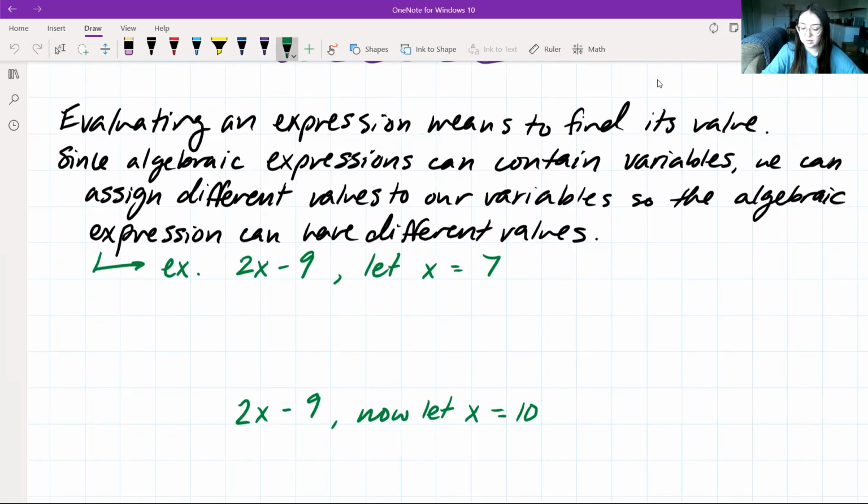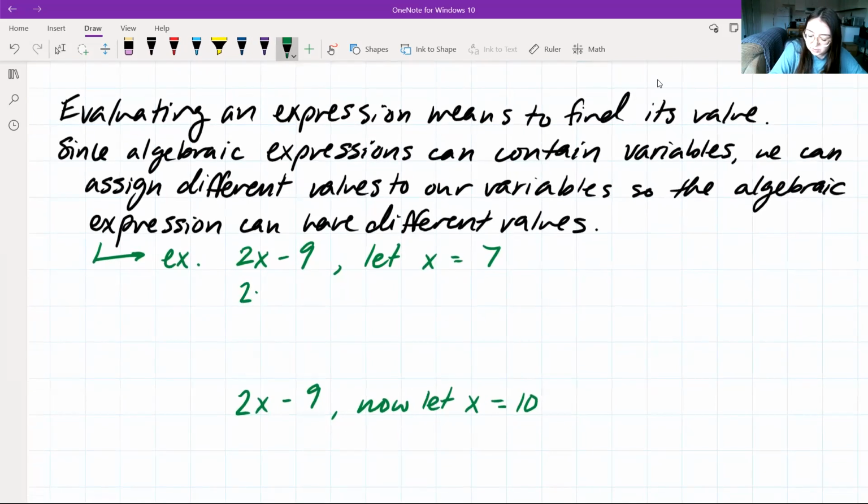So 2x minus 9, we're letting x equal 7, so we place 7 in for x. Instead of 2x minus 9, now we have 2 times 7 minus 9, because remember, this 2x is like saying 2 times x.